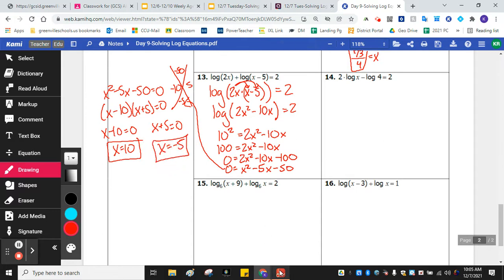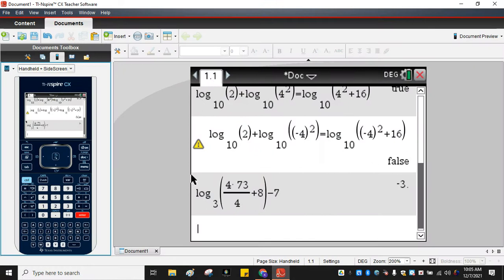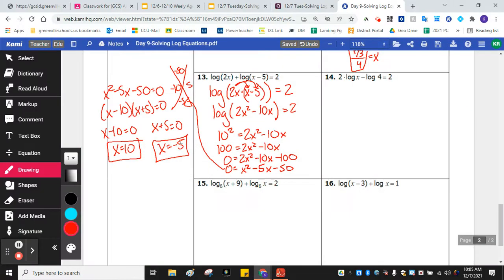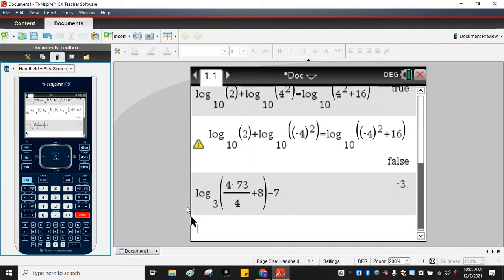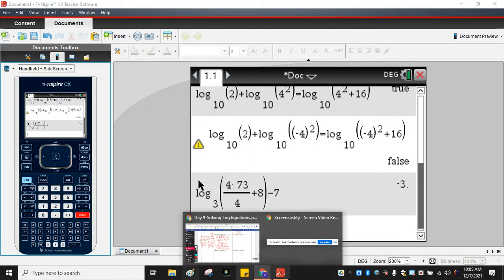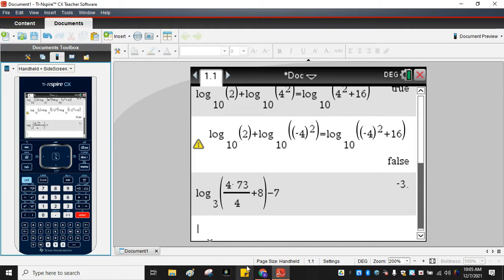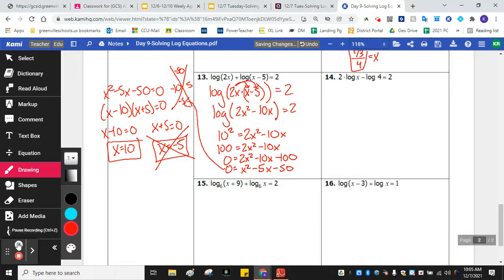And we have to check both of those answers. Before we even check it, if I plug negative 5 in here, this is going to be negative 10. So you should know negative 5 won't work because you can't take the log of a negative number. I'm going to pause the video so I don't waste your time and show you.